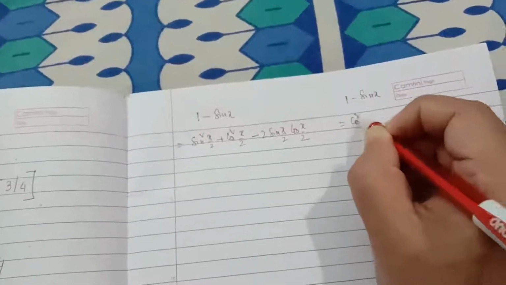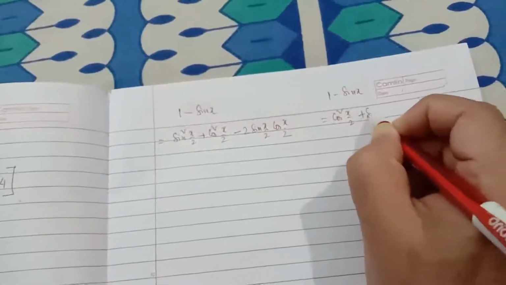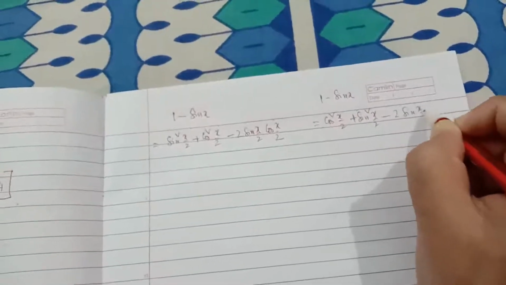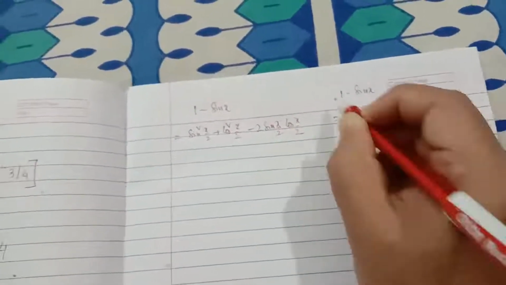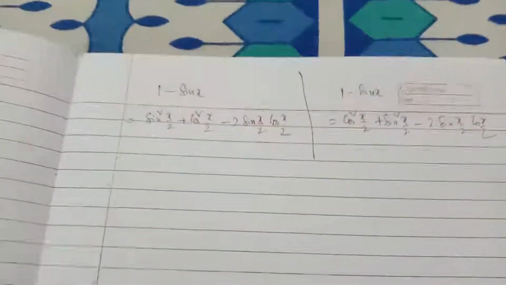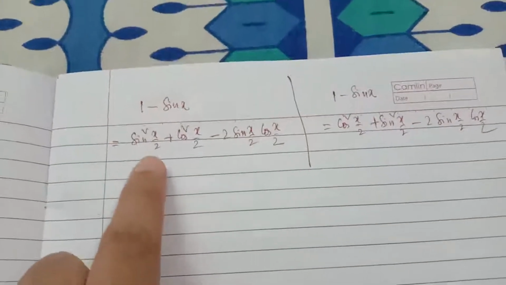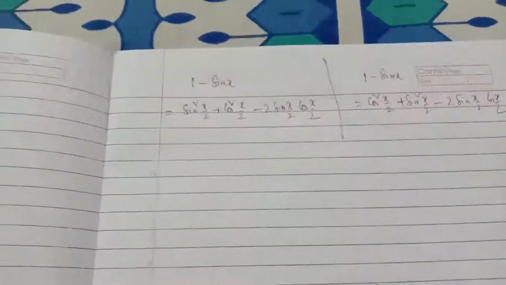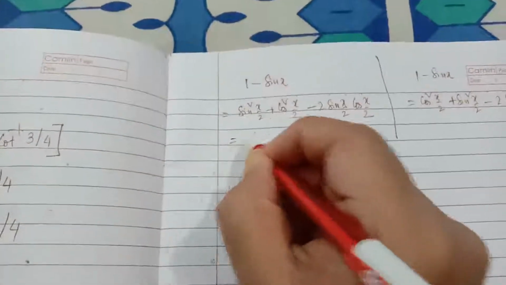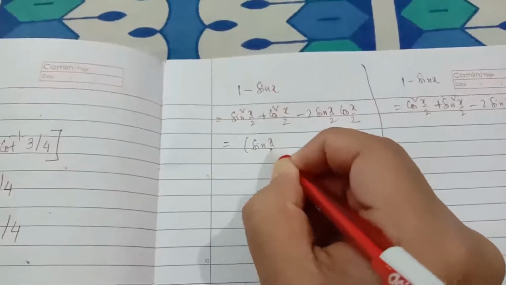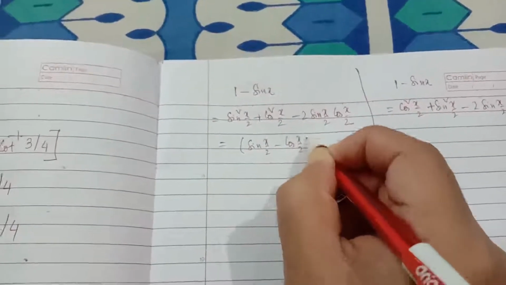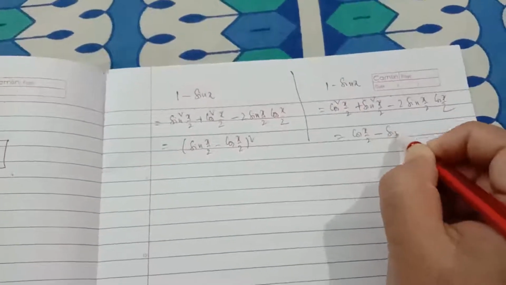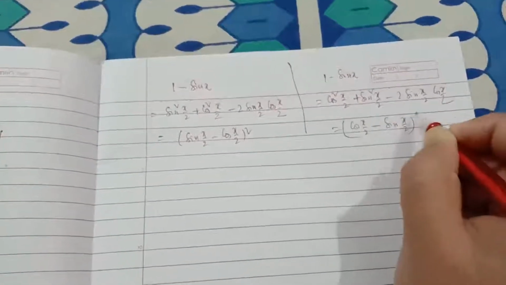We can write it also as cos square x/2 plus sin square x/2 minus 2 sin x/2 cos x/2. So the 1 we write as sin square plus cos square, and in the first case we will get (sin x/2 minus cos x/2) whole square, and here we will get (cos x/2 minus sin x/2) whole square.